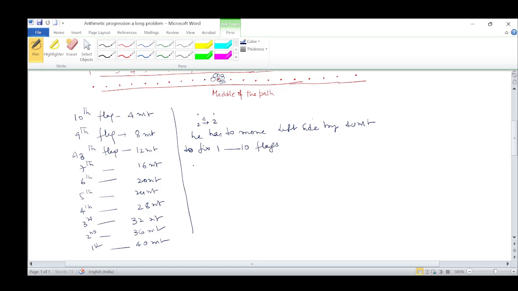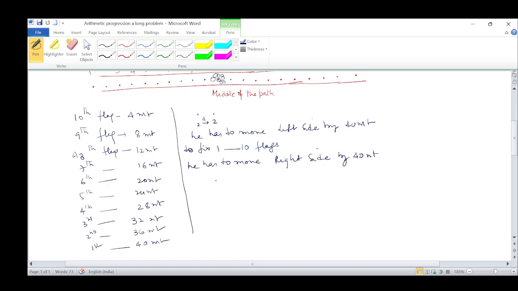and in the same way he has to move right side by 40 meters, because distance from 11th flag is equal to both sides.